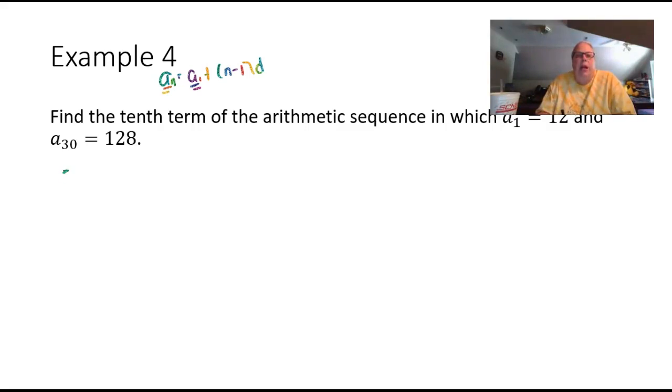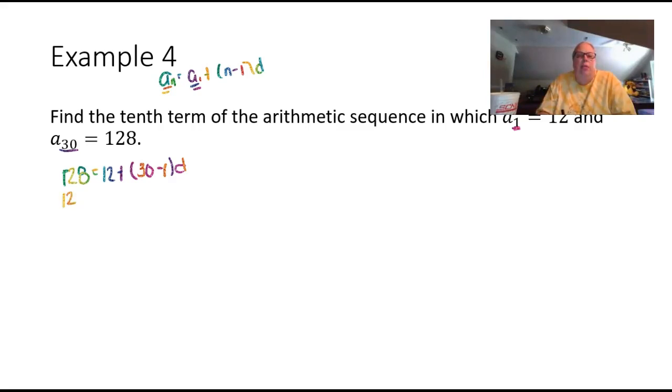All right, that means we're going to have 128 equal to 12 plus, now n is equal to 30, because 128 is the 30th term in our sequence here. All right, minus 1, of course, that was right here in the formula, but that's because 12 is the first term in our sequence. And of course, D is what we're looking for.